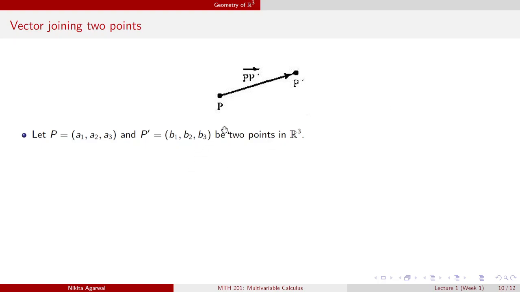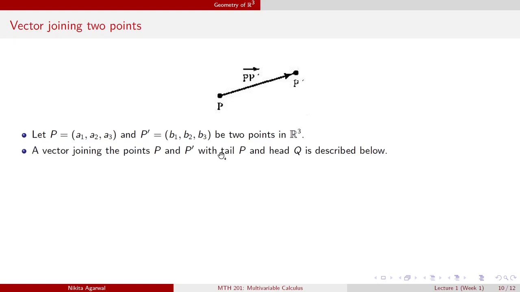Suppose you have two points P and P prime, and what is a vector joining P and P prime? It's geometrically described as a line segment with an arrow showing the starting point and the ending point. Suppose the points are A1, A2, A3 and B1, B2, B3.